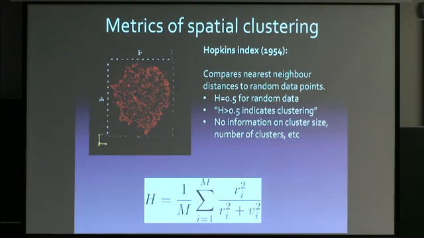This is the distances of your points to randomly selected points. If your data is a spatial Poisson process, then this is equal to a half. So basically, if you have a half, you have random data. If it's much more than a half, then it indicates some sort of clustering. And I think we can all agree there's some clustering here.